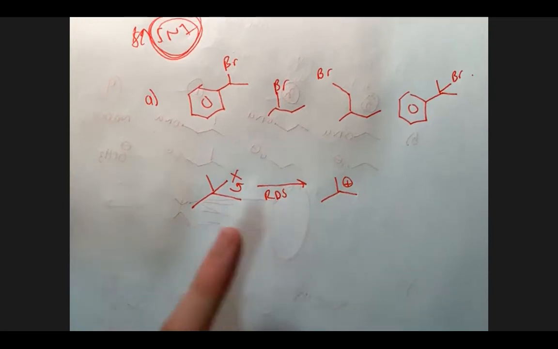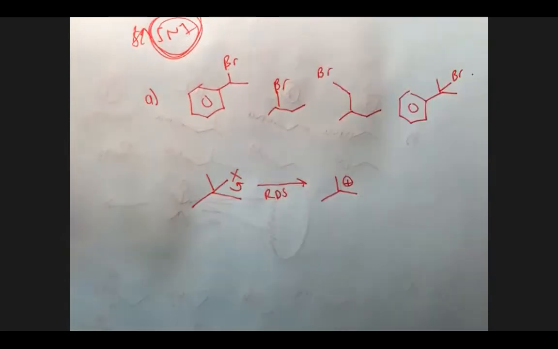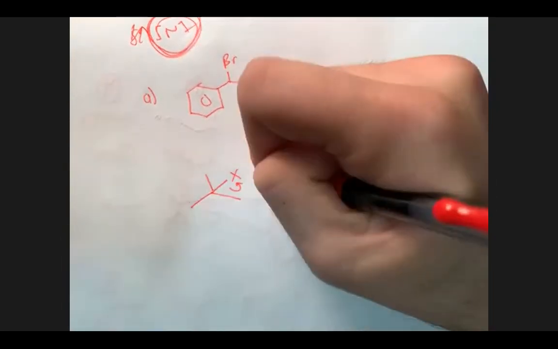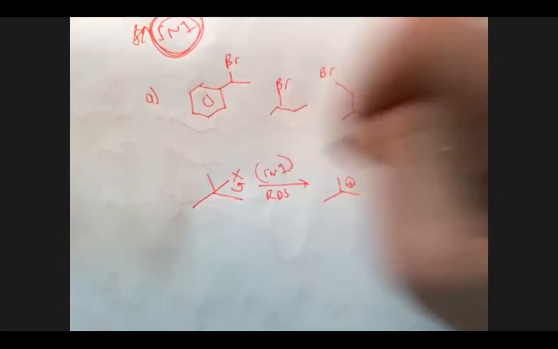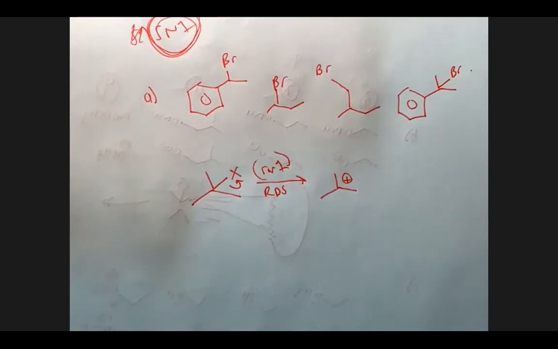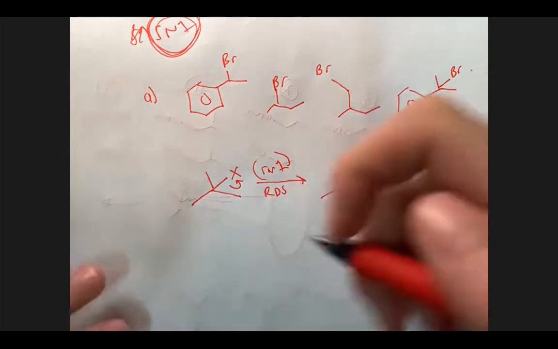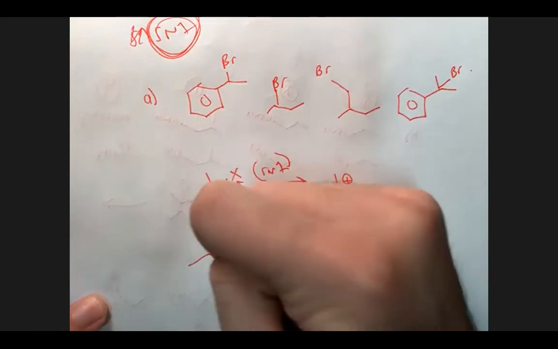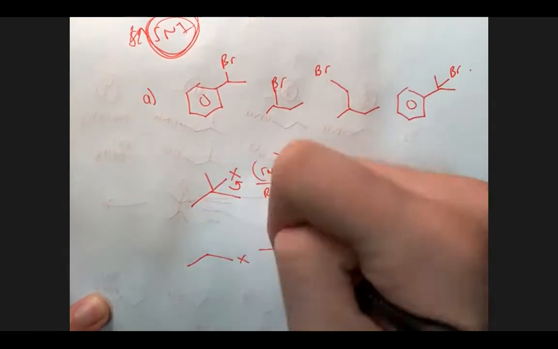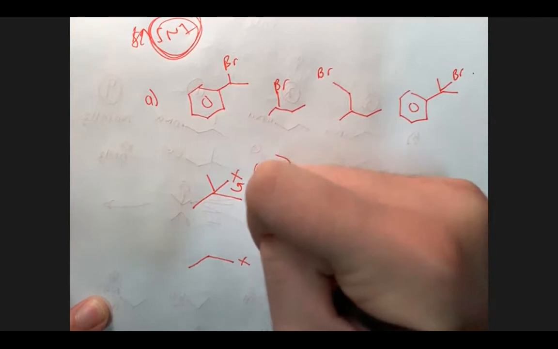But in SN1 conditions, since the nucleophile is not going to cause the leaving group to leave, it leaves on its own in this situation. This is SN1. So since it leaves on its own, the nucleophile doesn't have to be as small as it would have been. And it also doesn't have to be as strong as it would have been, because the rate is not dependent on it. This is the rate determining step, and this is SN2 conditions.